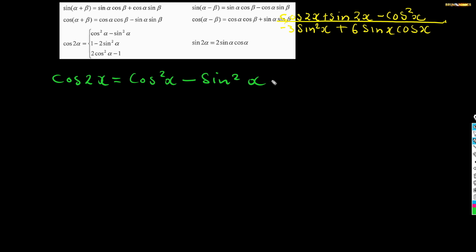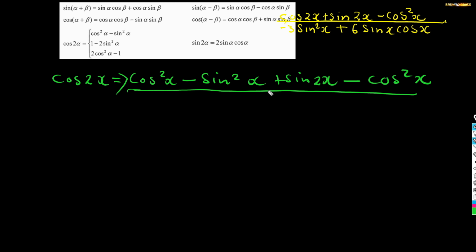Then we now know that if we change that to this and substitute here, we are going to have something like this, right? We're going to have this, then the plus of sine 2x minus cos 2x, and then we are going to divide everything by this, right, which is negative 3 sine squared x, and then sine x cos x, right?